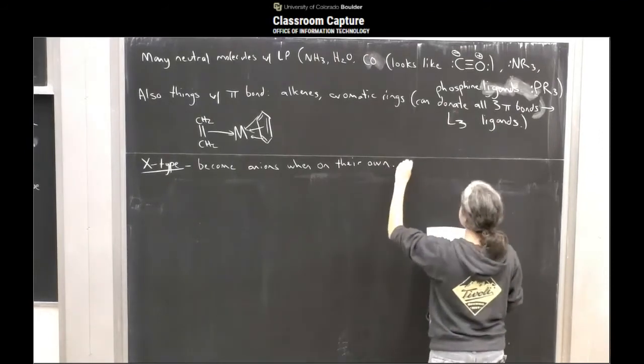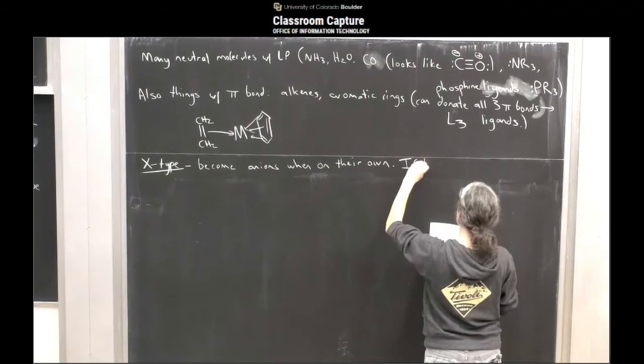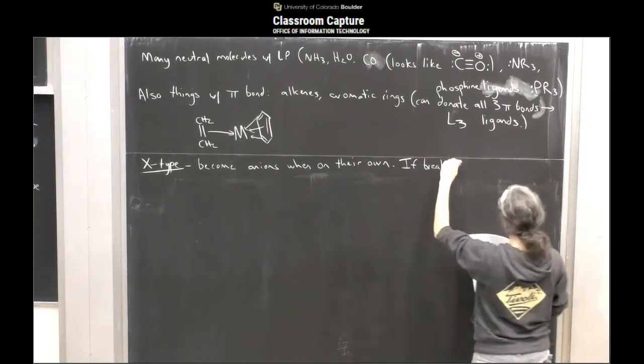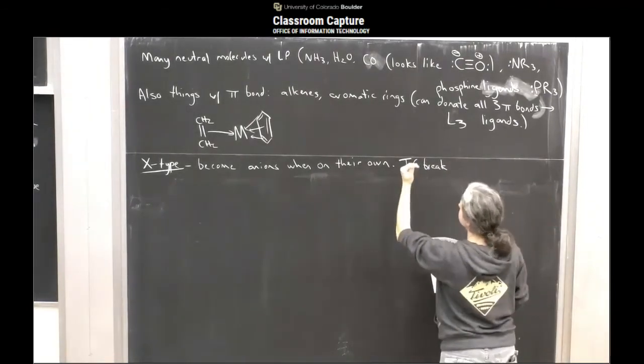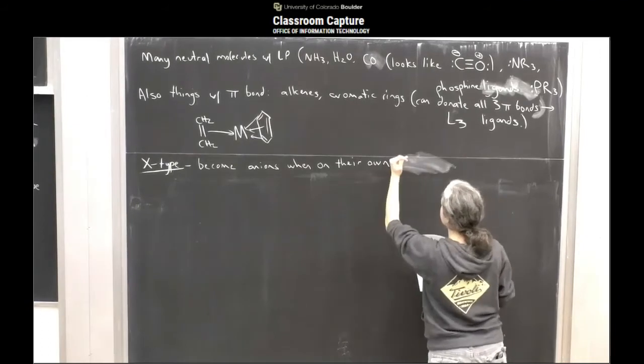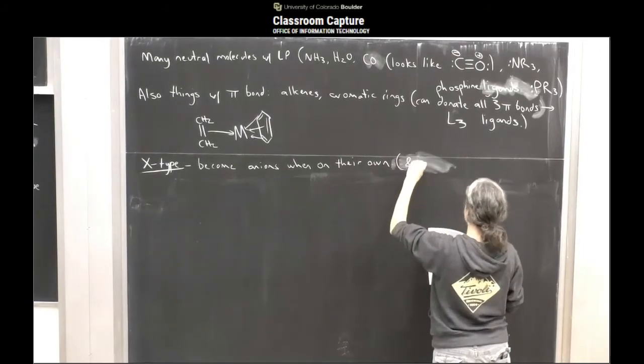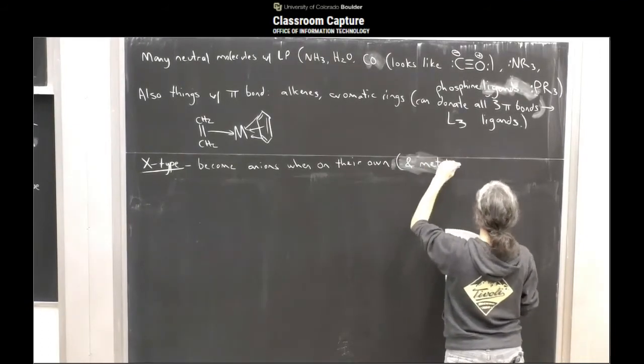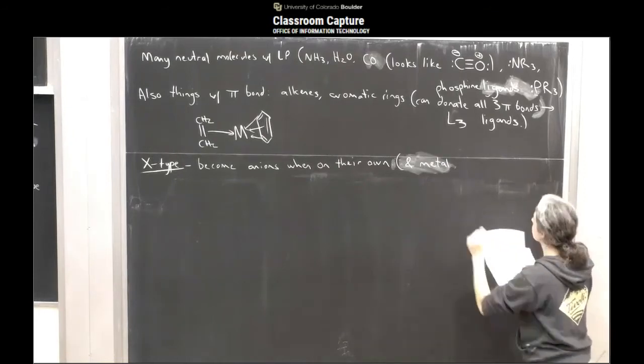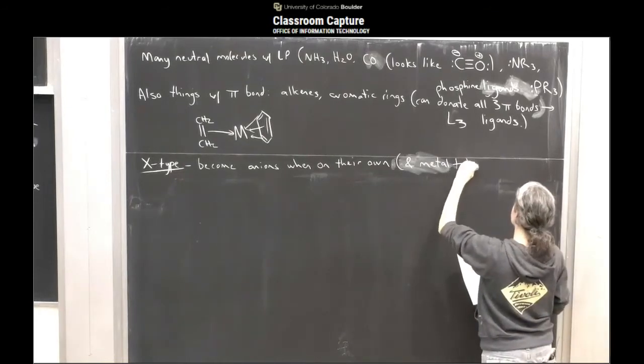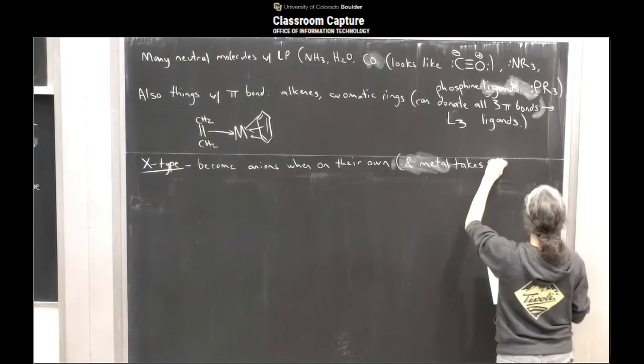Okay, so if you break the, actually, I guess another way to phrase this, and if they're on their own, the metal has to take on a positive charge when they leave.